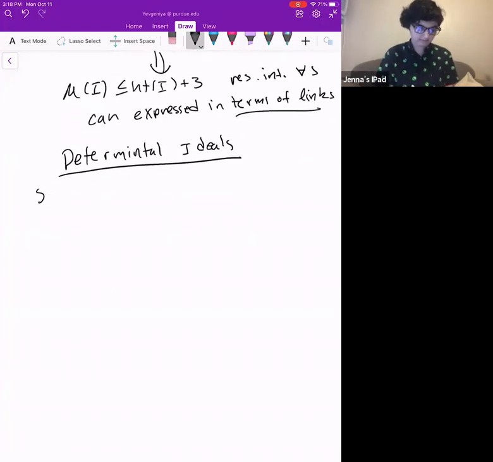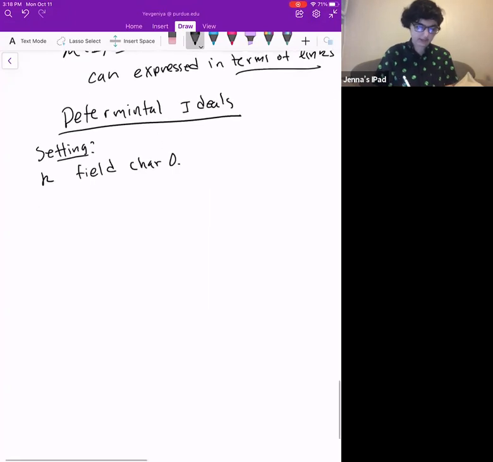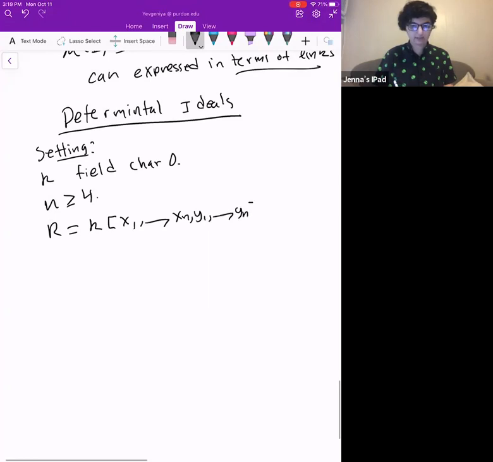So we need a setting. And in our setting, K is going to be a field of characteristic 0. And we're going to say n is greater than or equal to 4. And we're going to let R be a ring where it's K adjoined with x1 through xn, y1 through yn, and we localize that ring at its homogeneous maximal ideal.